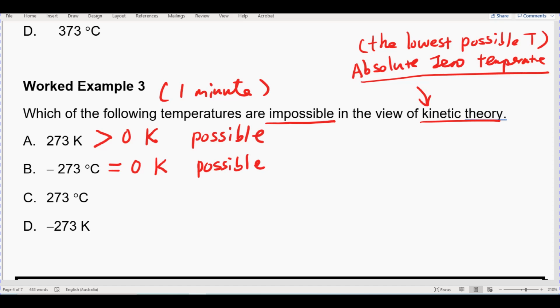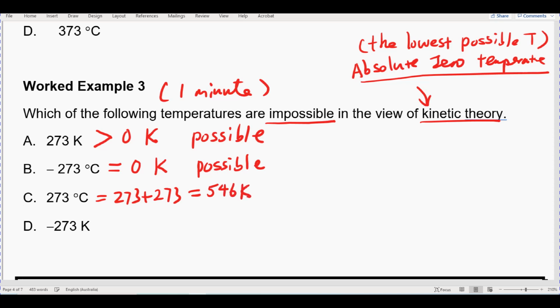And 273 degrees Celsius, which is obviously greater, so in terms of K, you add another 273K, 273 plus 273, and that's 546K.